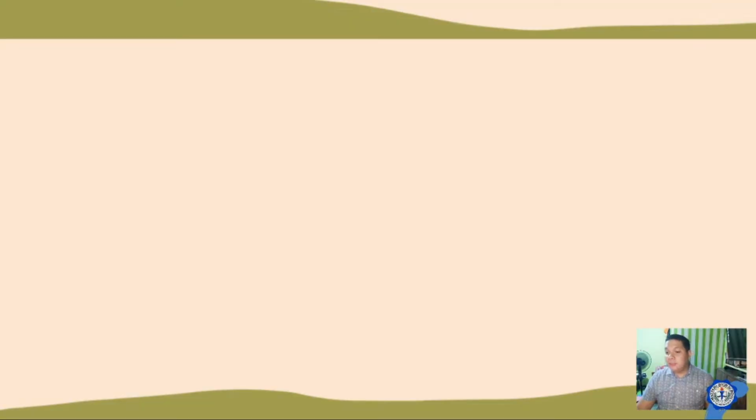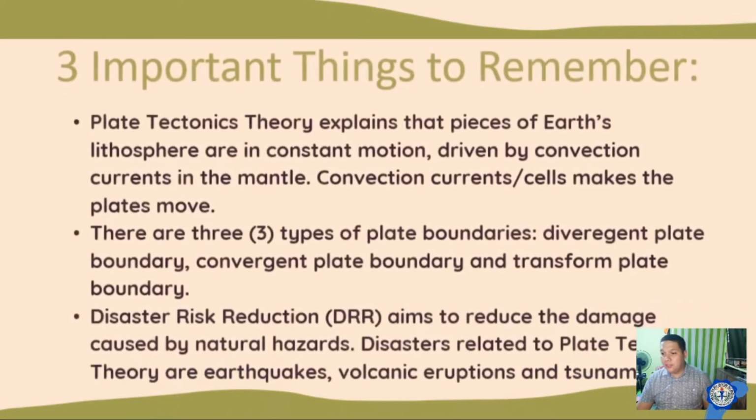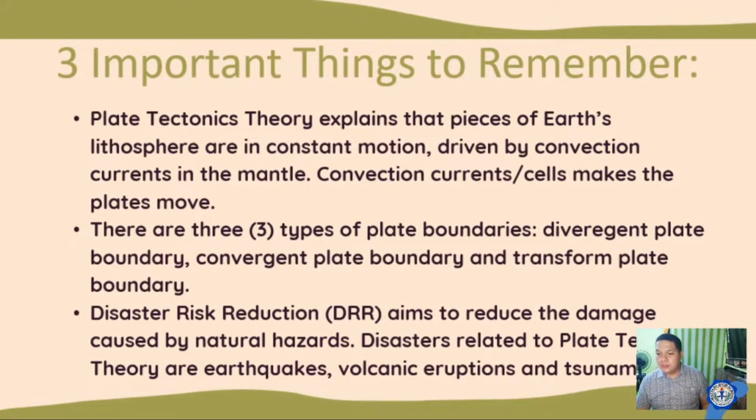Here are the 3 important things you must remember. First, plate tectonics theory explains that pieces of Earth's lithosphere are in constant motion driven by convection currents in the mantle. Convection currents or cells makes the plates move.